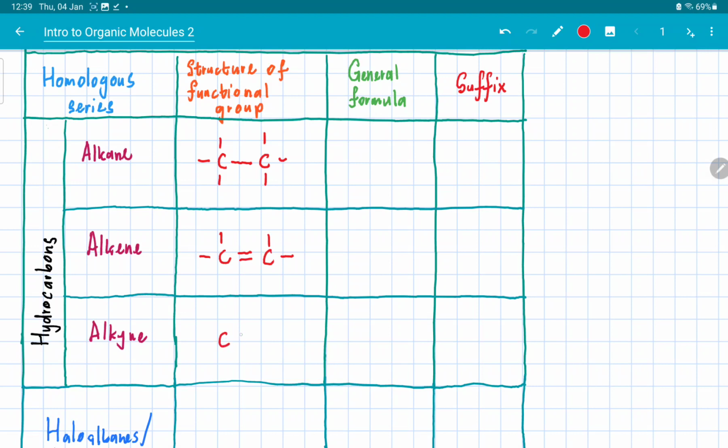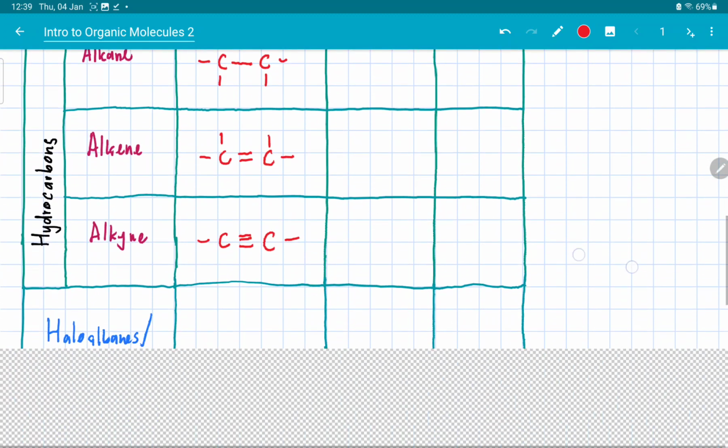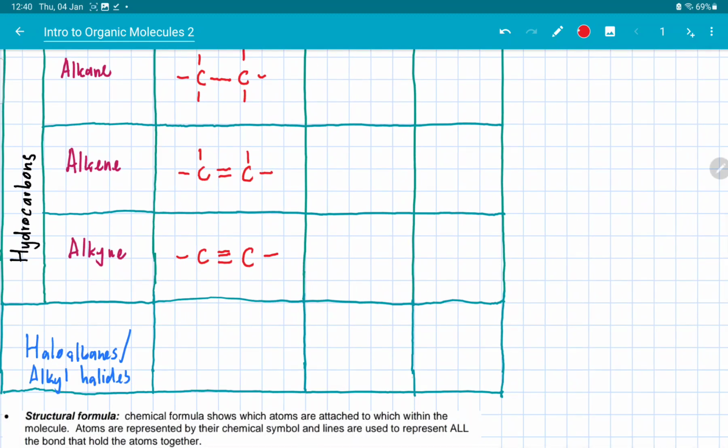If there is a triple bond somewhere in the chain between carbon atoms, that's going to make you an alkyne. However, when we come to a haloalkane, there will be single bonds between carbon atoms.